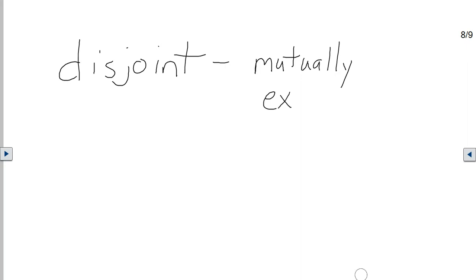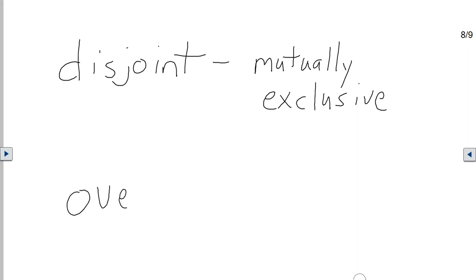I like the term disjoint better because I think it intuitively makes a little more sense. But you think about like a joint, like your elbow is a joint. It's where the two parts of your arm meet. The word dis in front of a word typically means like the opposite of or not that. So disjoint events are events that don't have any overlap. They don't have any connection. And I'll give you some examples here in a second. So that's a disjoint event.